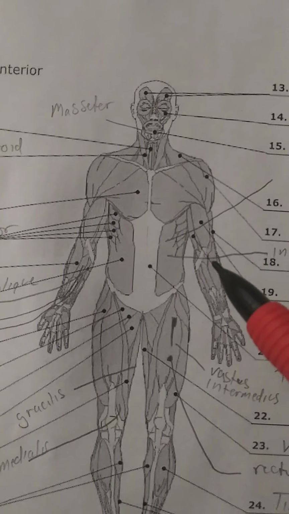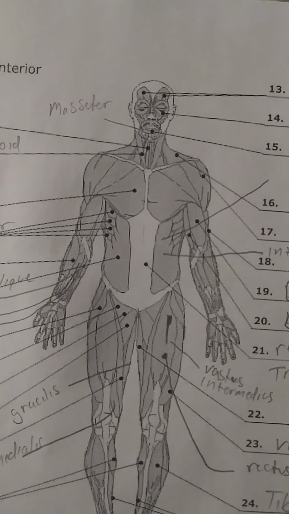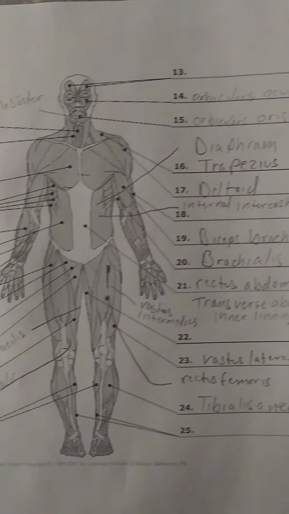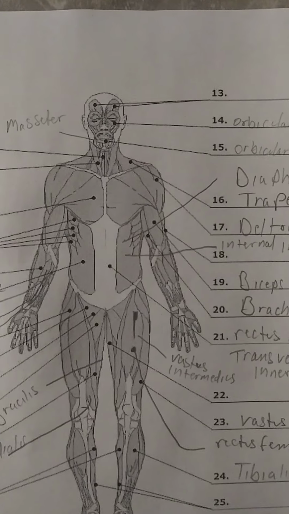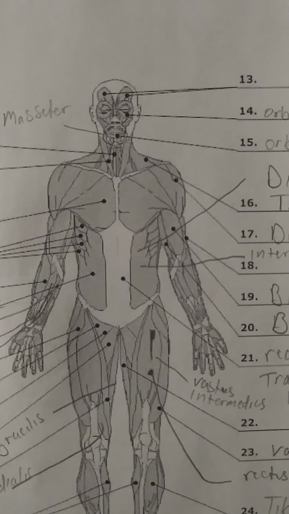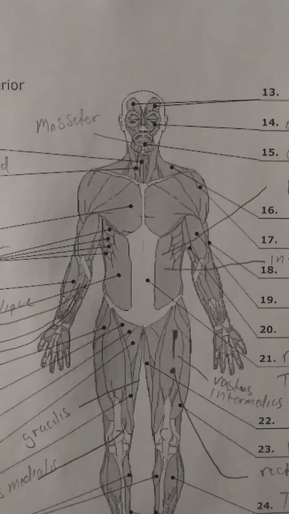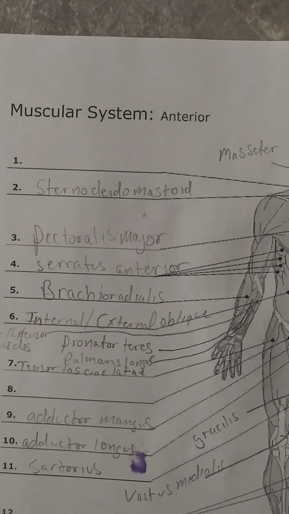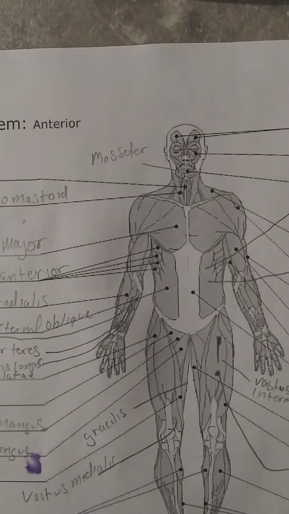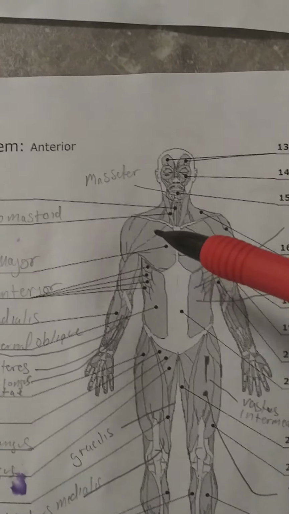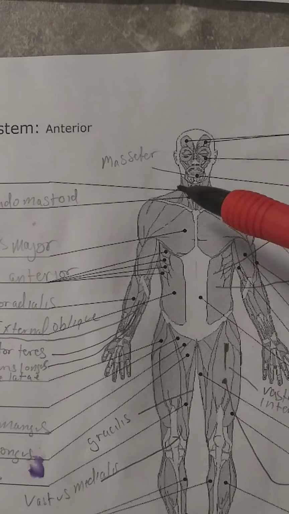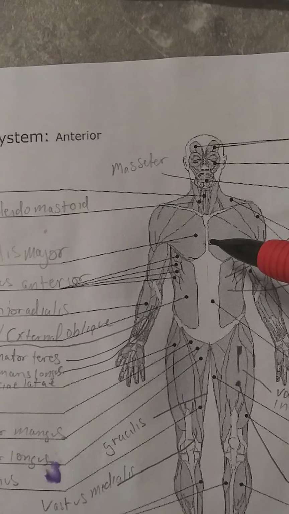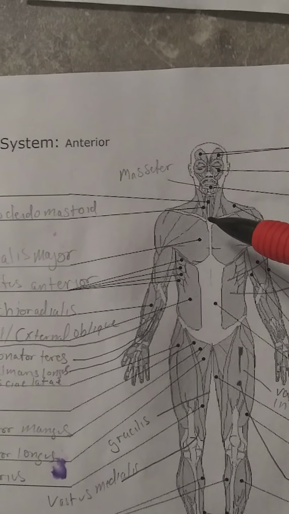That's what elevates the mandible. And orbicularis oris is the muscle that's surrounding the mouth. And the sternocleidomastoid is the muscle right here. And it's pretty much the muscle that helps with flexion, rotates the head.